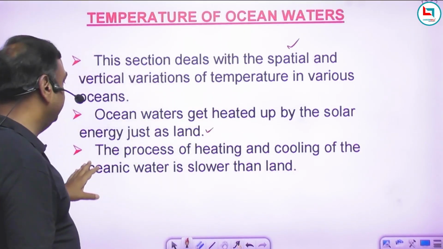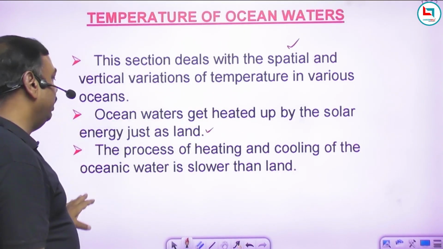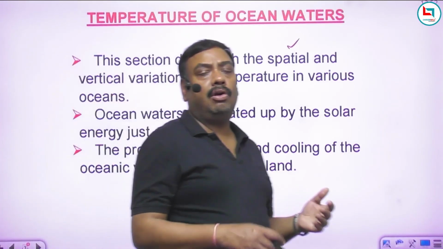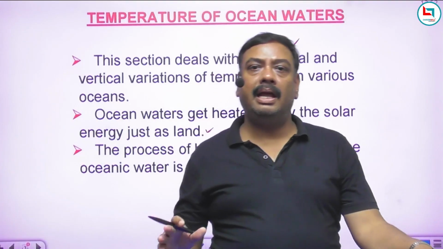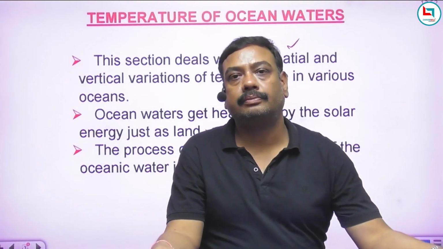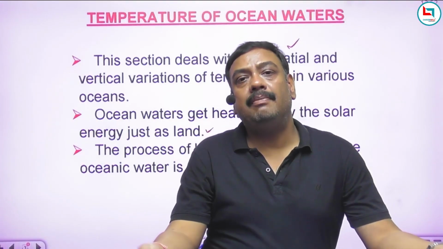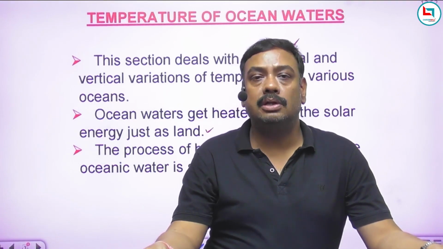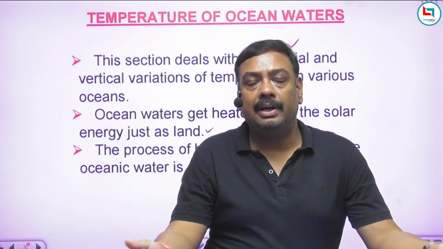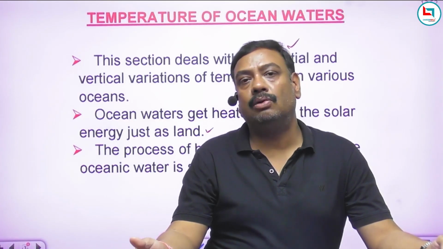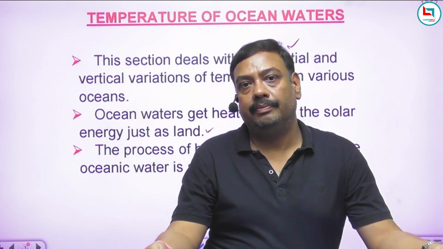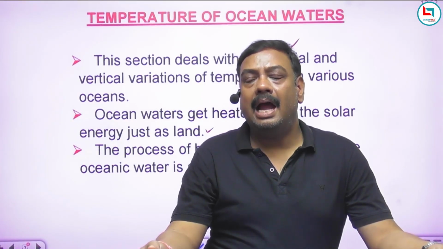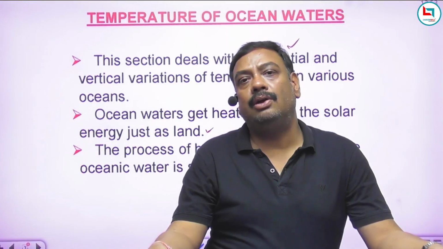Now come here. The process of heating and cooling of the ocean water is slower than land. We all know and we came across this phenomenon so many times. We have discussed that the land gets heated up and cools down very rapidly. Water gets heated up and cools down slowly. And I told you different reasons for that.